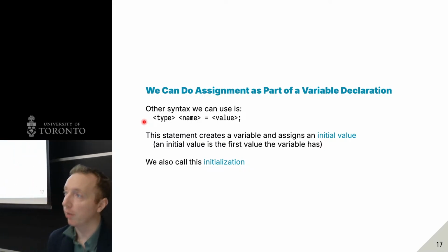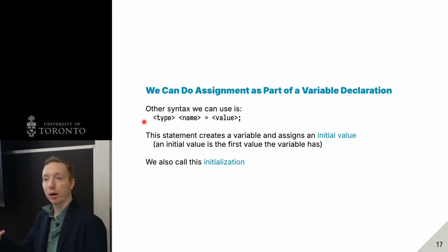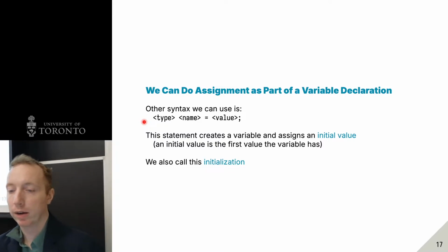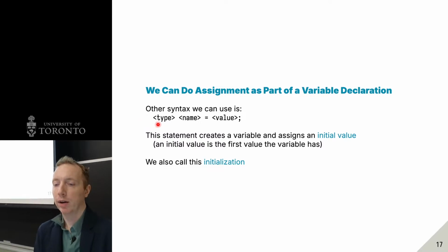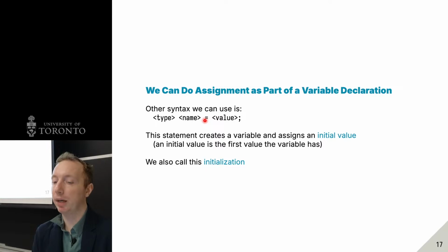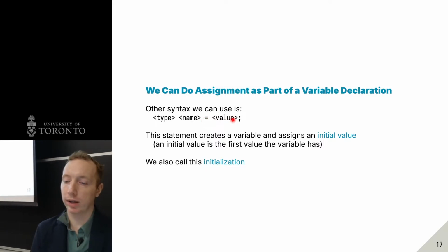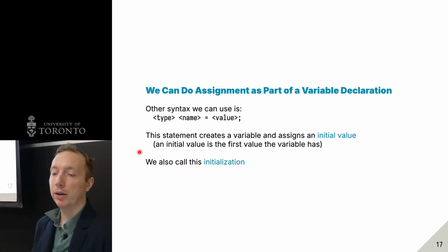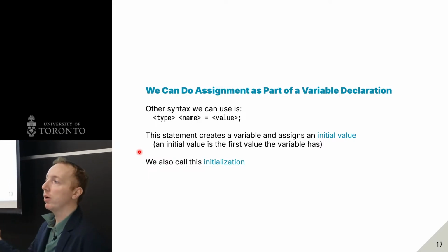So there is more syntax we can use, or another rule, to do them both at the same time on the same line or in the same statement. So instead of doing 2 statements, I could do type name equals value, just all in a single line. And that statement is going to create a variable and assign to it something we call an initial value.